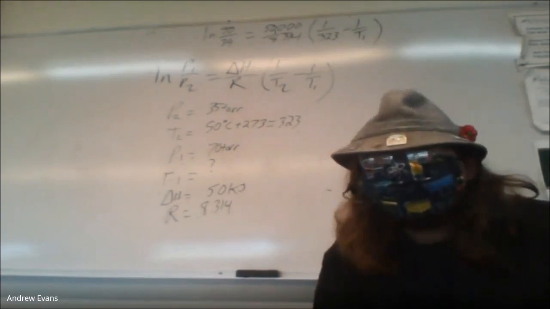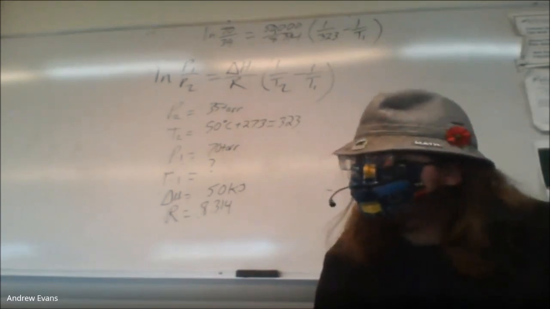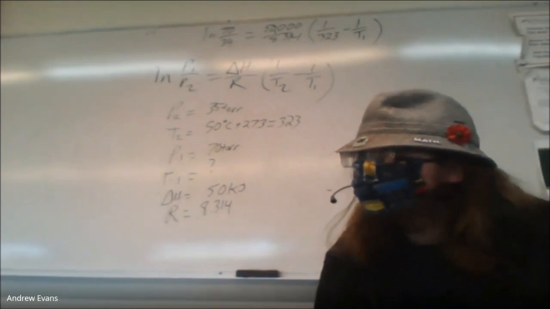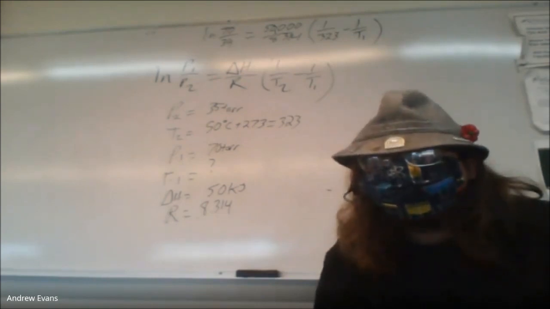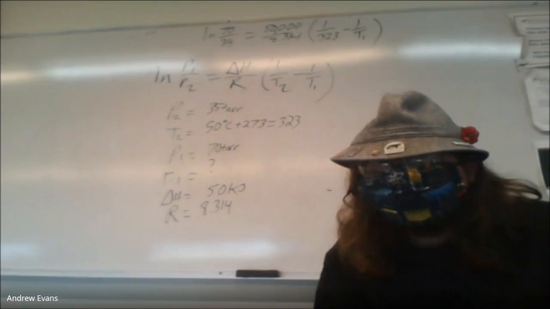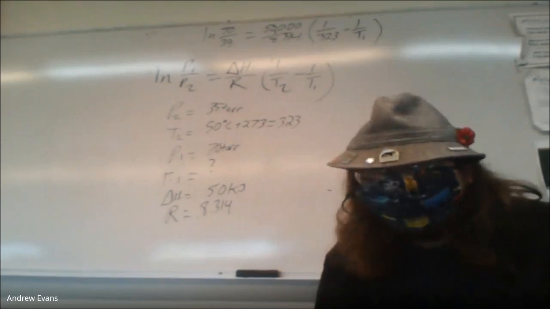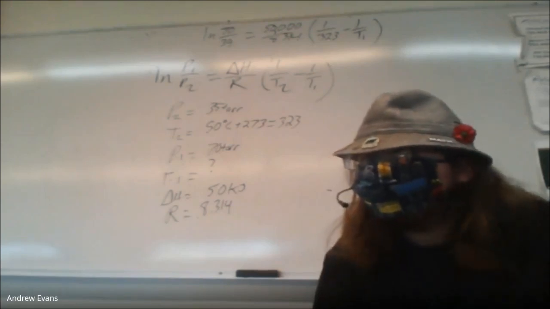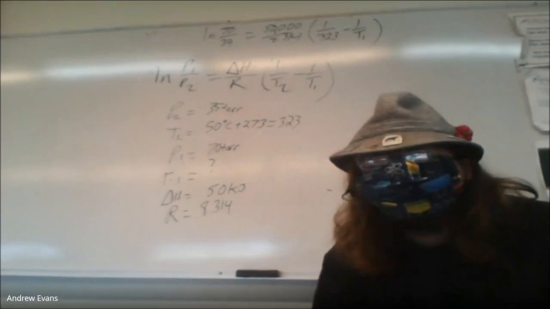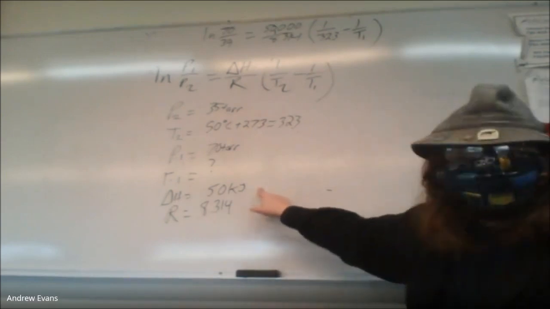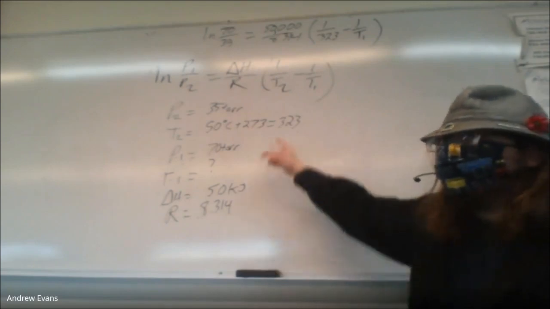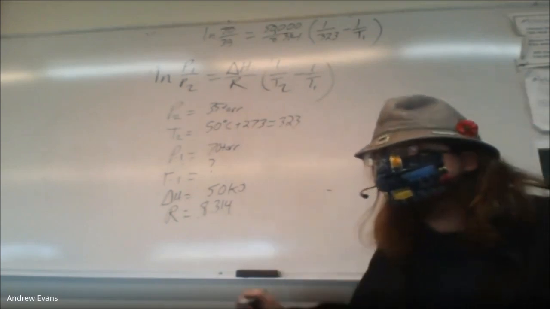I know we want to be tempted to just skip straight to the plug and chug, but it really helps to write this out. Make sure you're all starting on the same starting point. Make sure you know what you have, because there's going to be a lot of equations that look similar, and there's easy places to trip up. If you don't turn kilojoules into joules, that's an easy place you're going to screw up.